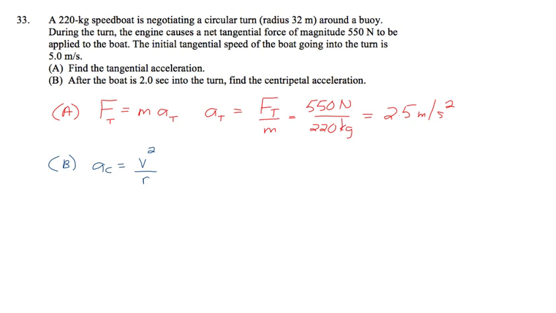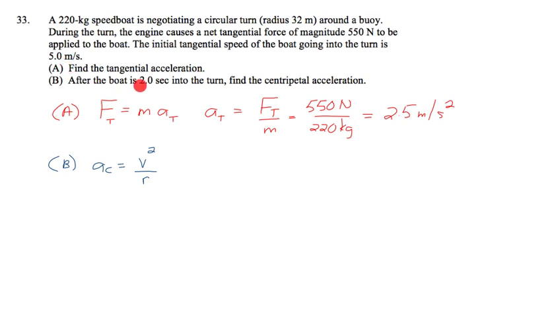But some on the test say, oh, good, I got my r, so 32 meters, and I see 5 meters per second, so I'll put that in for the v, and that's going to be the answer. Well, 5 meters per second is the original velocity, so yes, that would be the centripetal acceleration of the boat going into the turn.